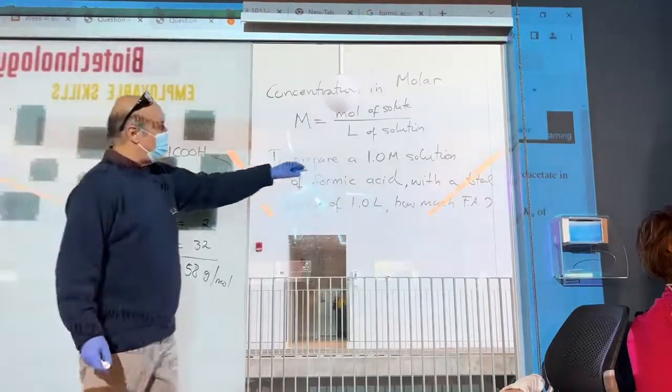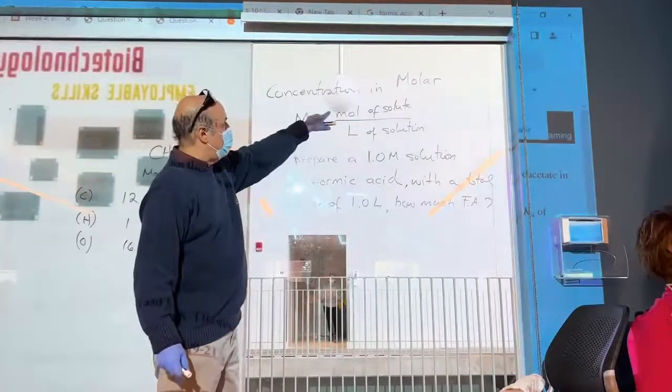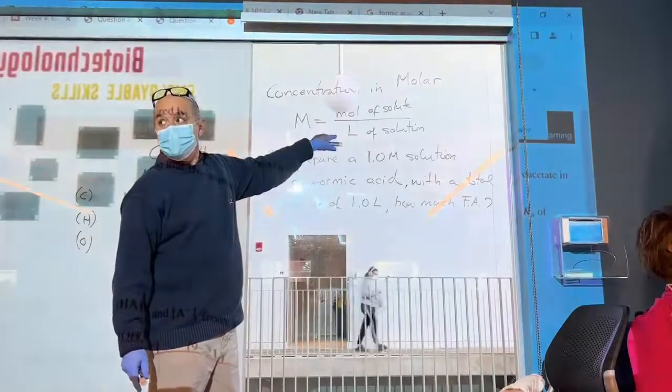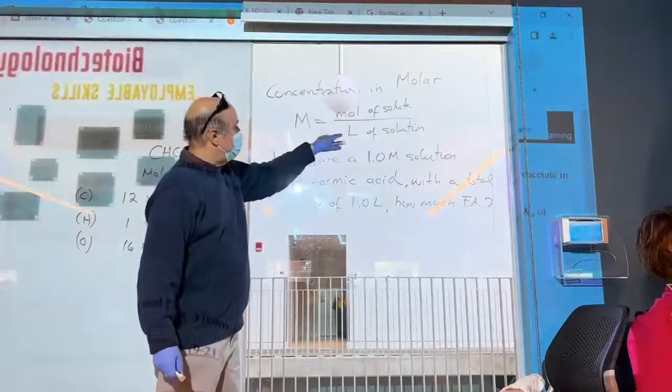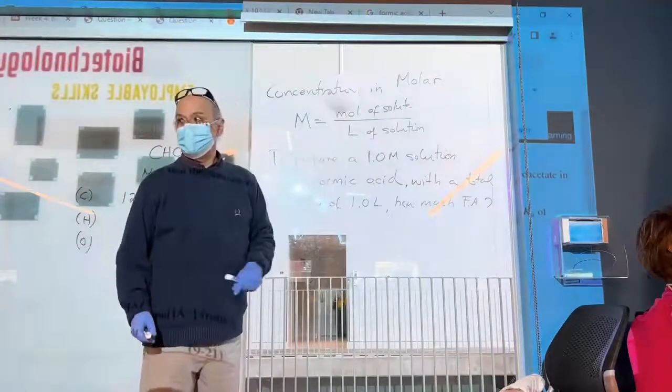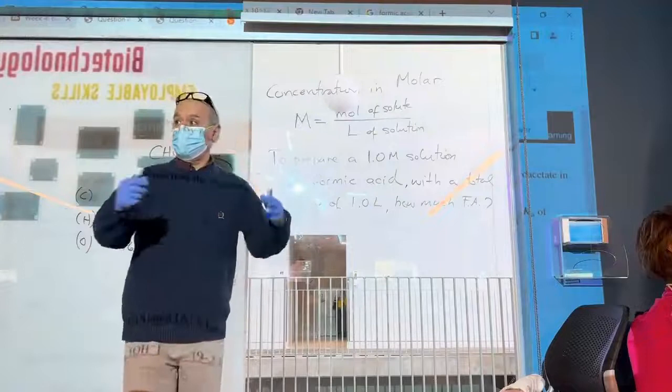So if we want a 1 molar solution, we want 1 mole per liter, right? Molar, moles per liter. 1 molar, 1 mole per liter. And we want 1 liter, so this is super easy.